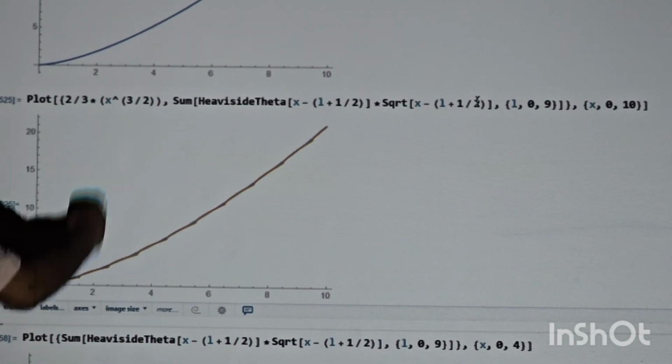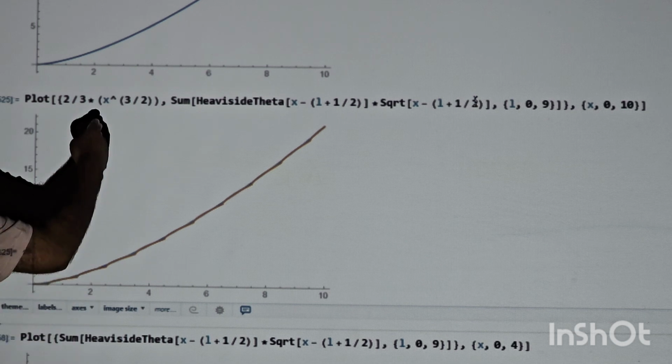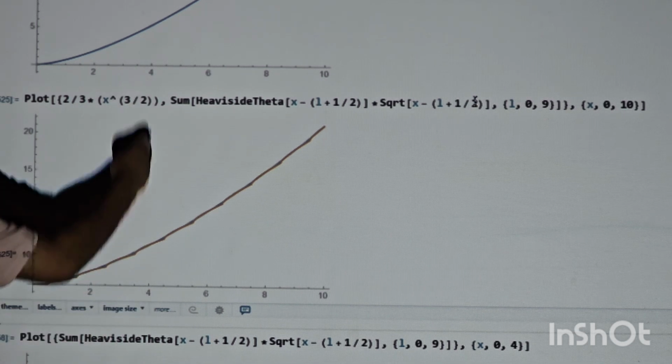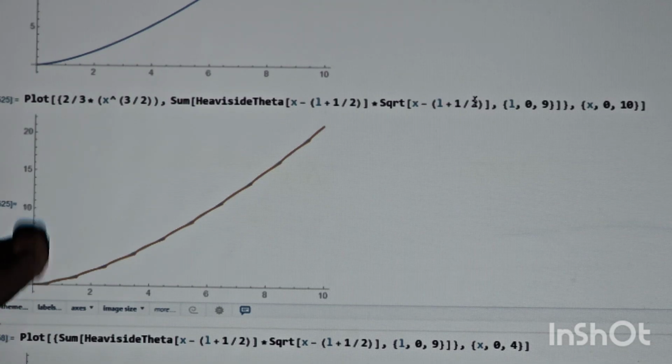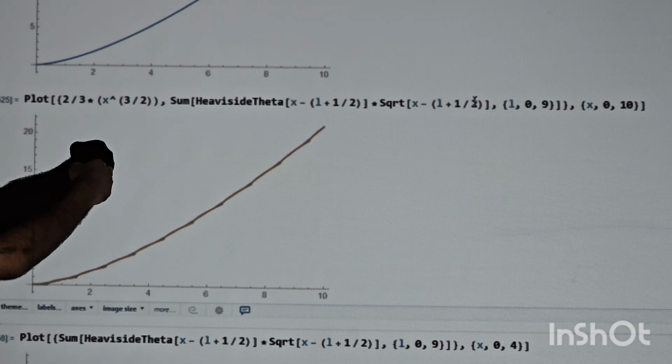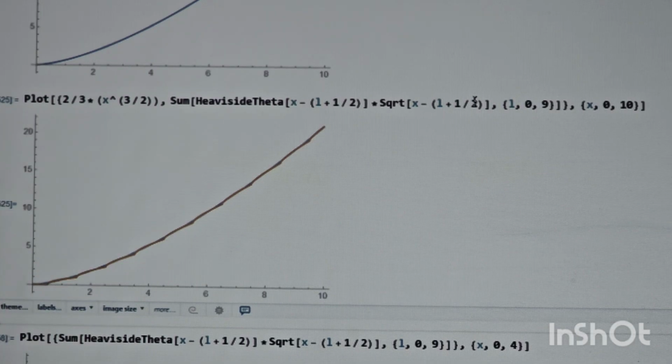And there are humps at 1.5, 2.5, 3.5, 4.5, and so on. It has all of these humps starting from 0.5. 1 by 2, 3 by 2, 5 by 2, 7 by 2, and so on.